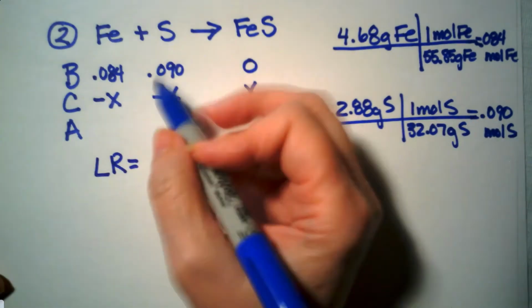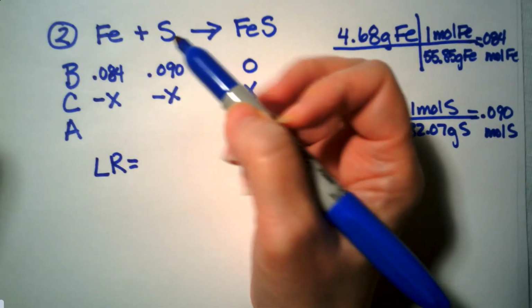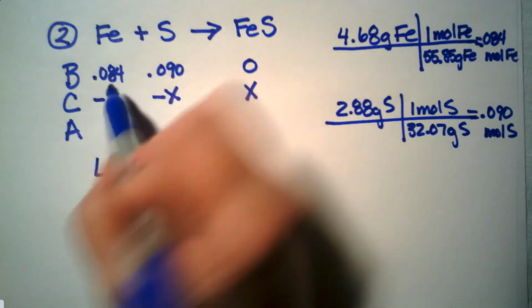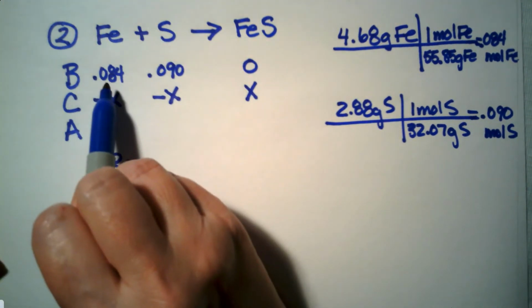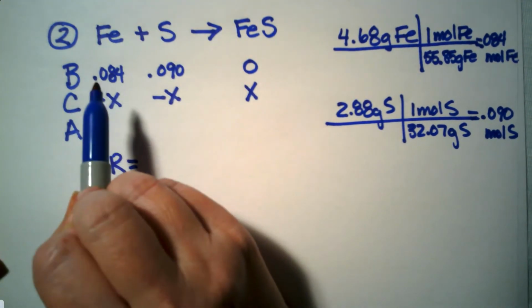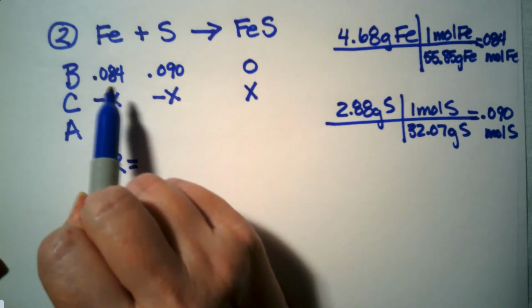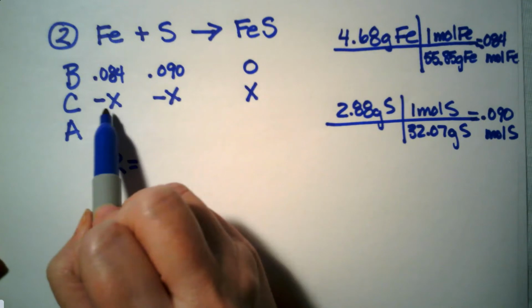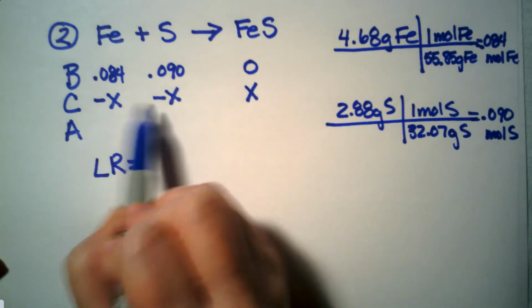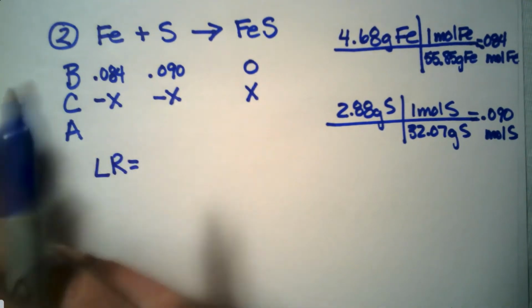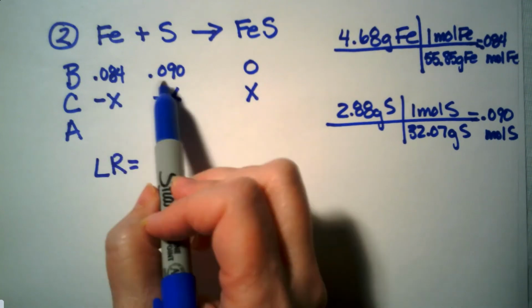Okay. So a couple of ways you can go about this. The easiest thing to do is usually look and see smallest number tends, not all the time though, to be the one that runs out first. I can kind of double check here, see how these both decrease by negative X. They're the same and these are kind of close together.